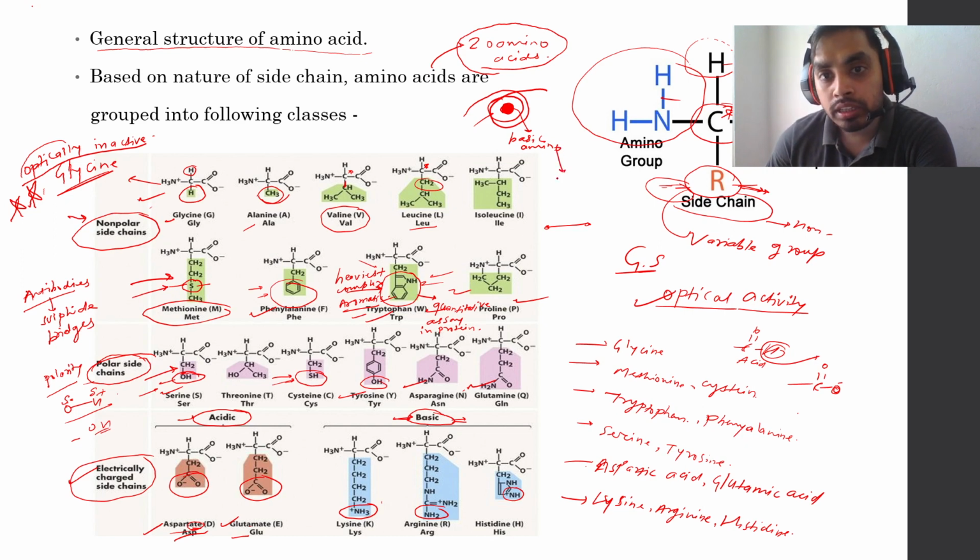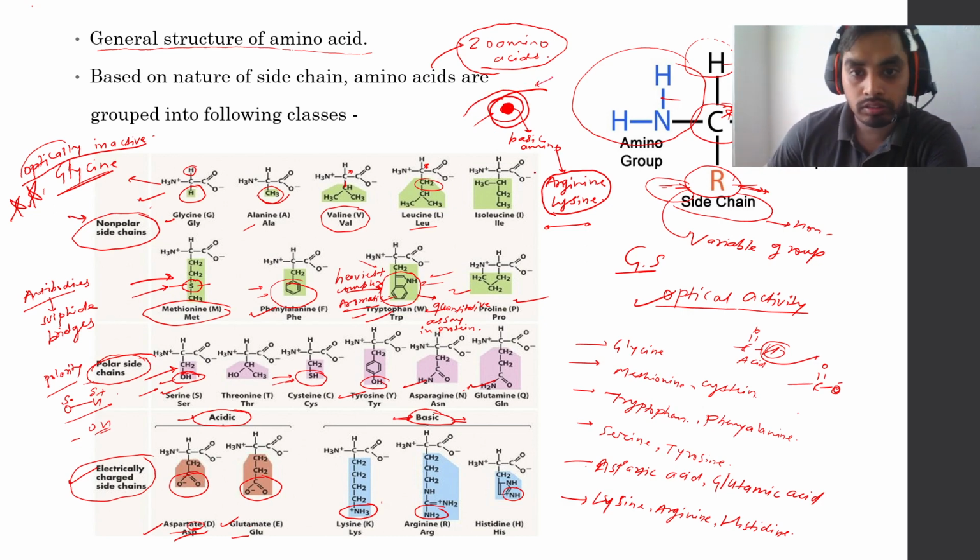And those basic amino acids are arginine and lysine. They provide positive charge, and since DNA has negative charge, DNA can wrap on it due to electrostatic attraction. Okay, so this was a bit more information on amino acids.